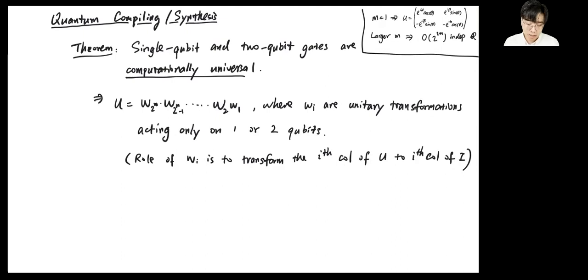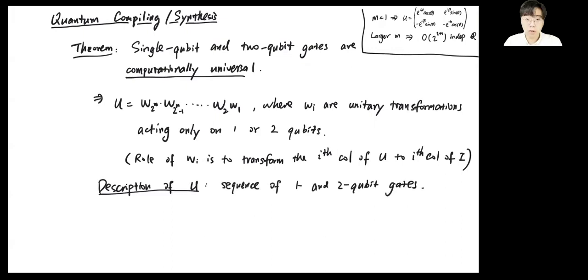is that the role of W sub i is to transform the ith column of the unitary U to the ith column of the identity. So a description of the unitary becomes a sequence of 1 and 2 qubit gates.